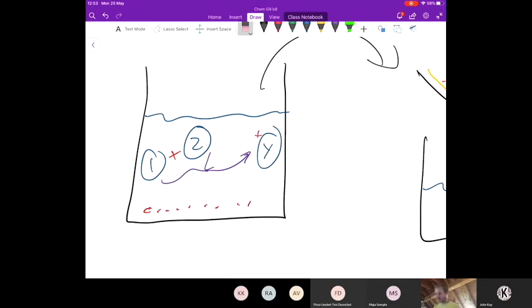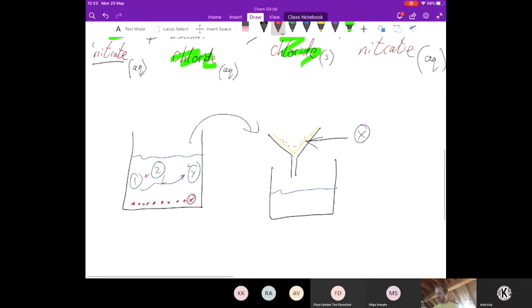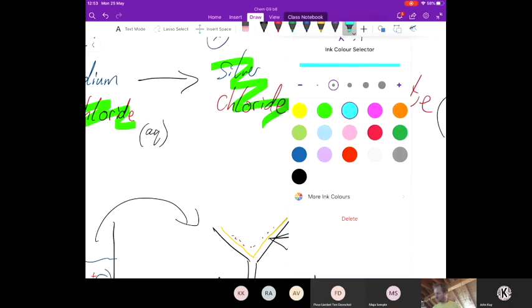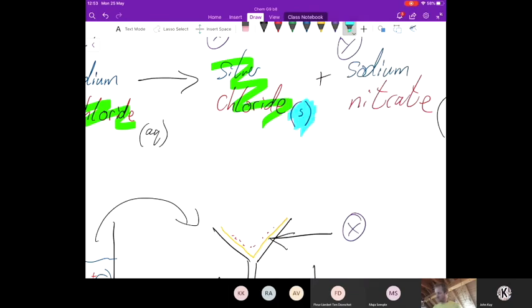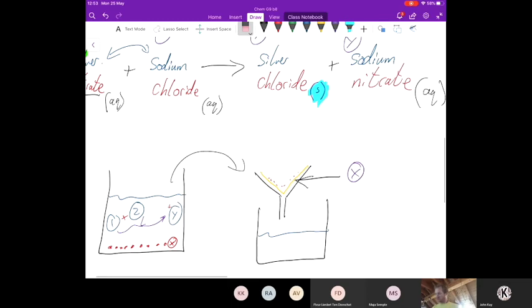Now, X in reality, as we've already established, is these dots, the precipitate that forms. And because it's a solid, it forms on the filter paper.